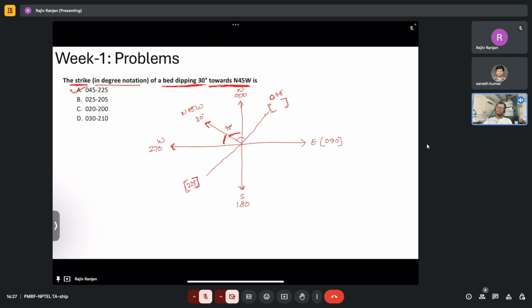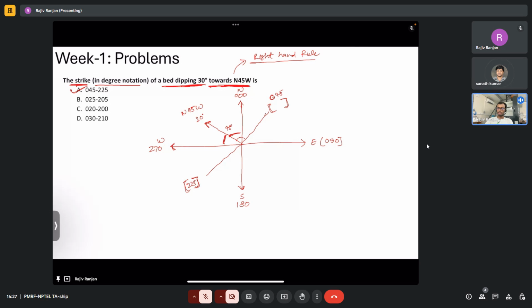So there is another way you can solve it. If you have been through the lectures of week one, you know the right hand rule. Do you know the right hand rule?